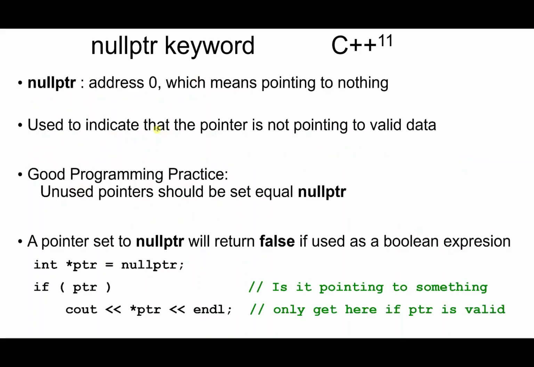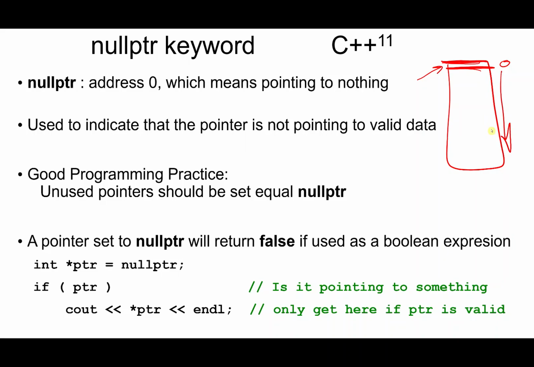Okay, so today I'm introducing nullptr to you. So nullptr, basically it's address 0. If you have a memory, the first address in your memory is basically address 0. Remember that we start with 0. So address 0 is empty.